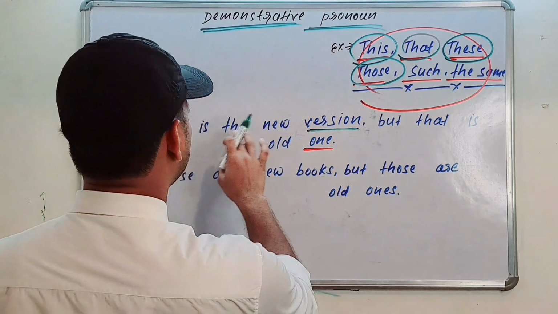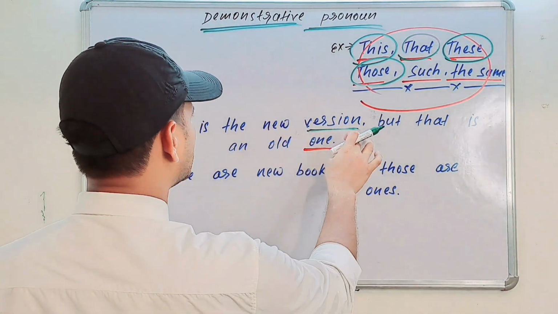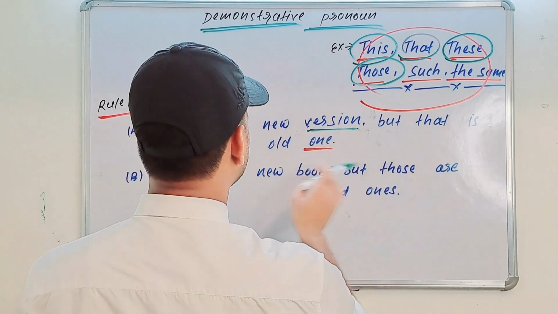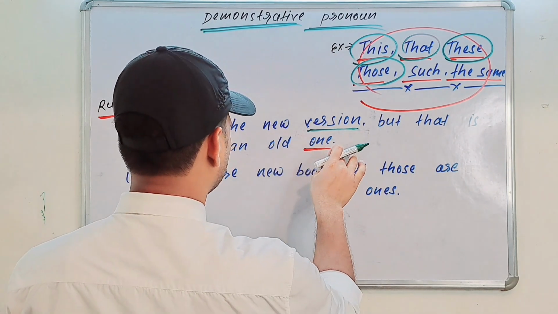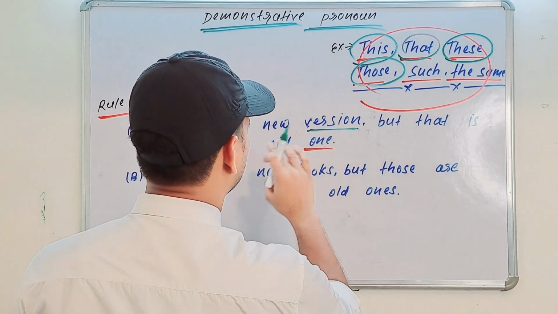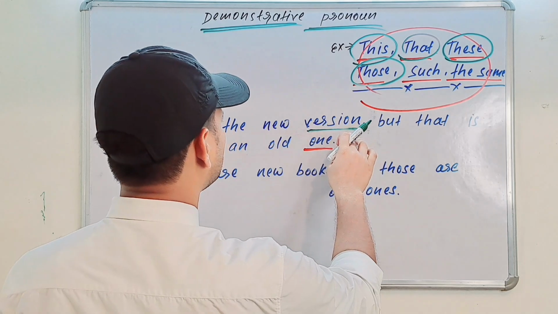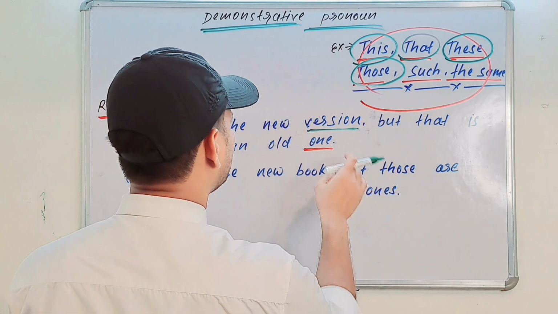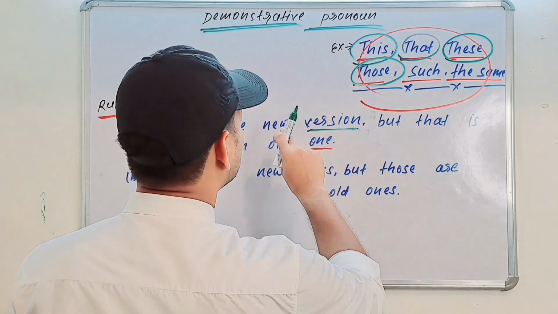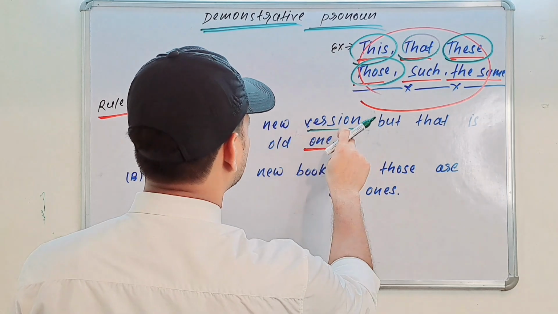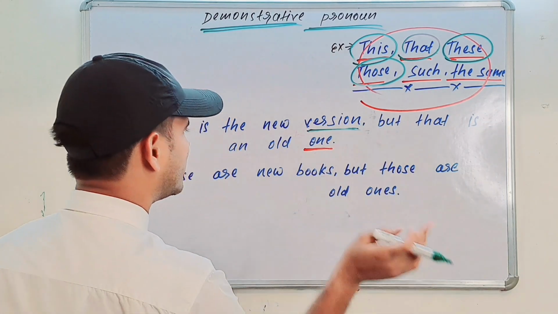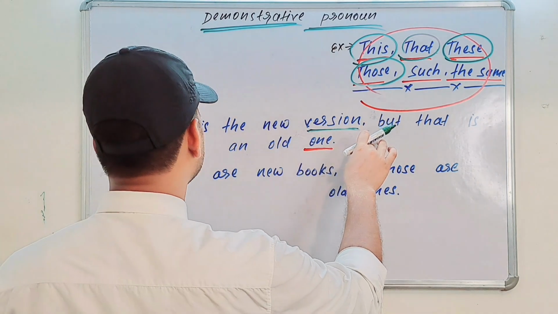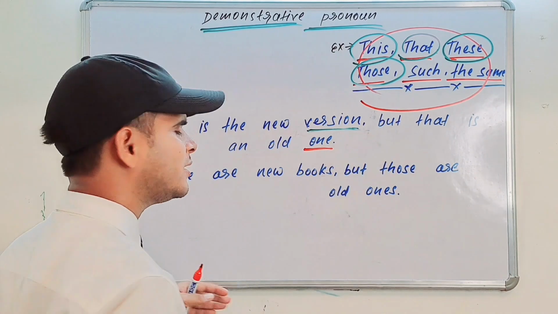Like here, this is the new version, but that is an old one. So that's why here "one" is used, but "version" is not used. That's why "one" is used to eliminate the repetitive use of a singular countable noun, that is, version. Use "one" in a sentence, and this is the right sentence.